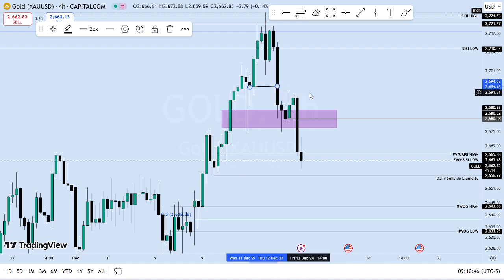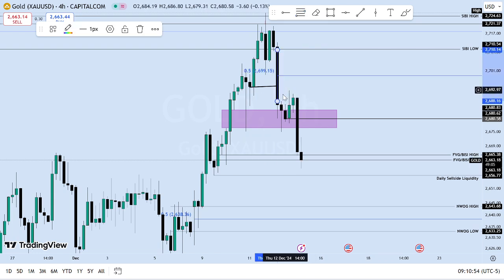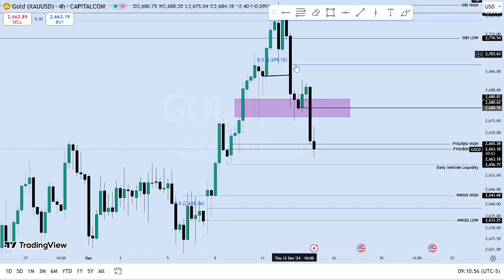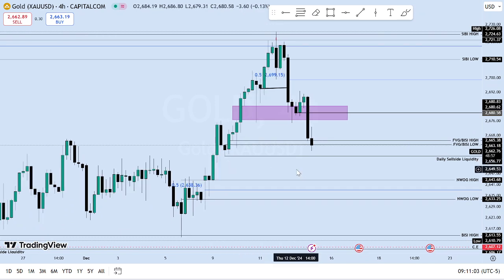That's order flow, partial entry to the 50% of the inefficiency. So we are selling. Price is seeking a sell side liquidity.